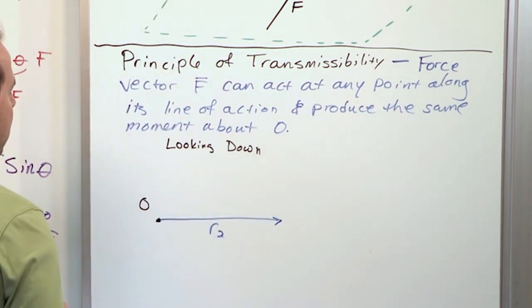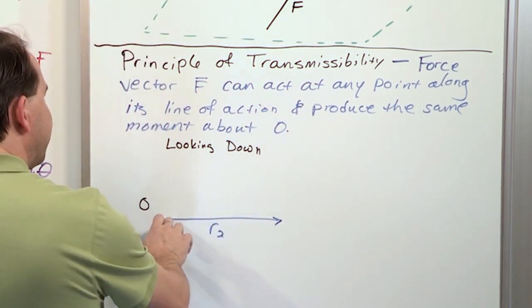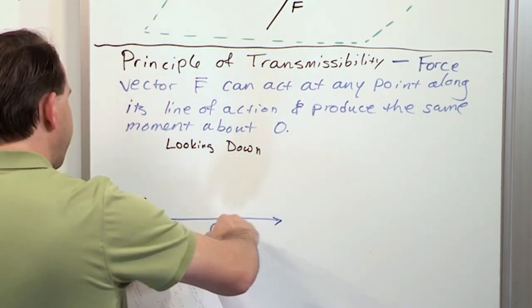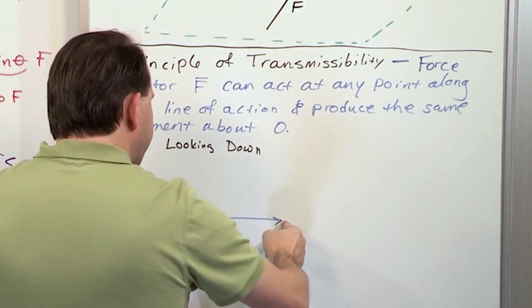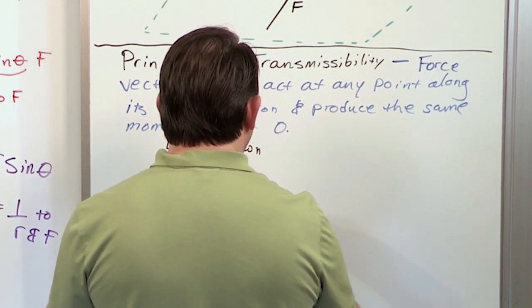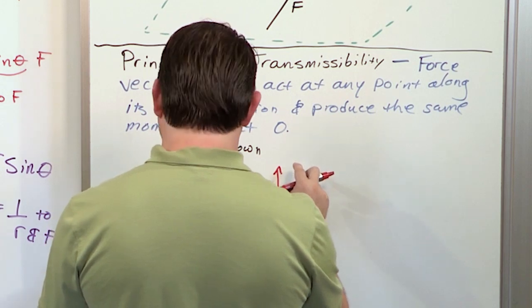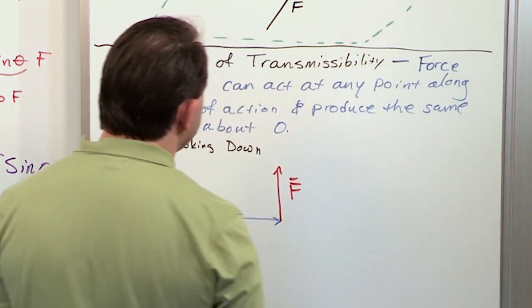You'll understand why I'm calling it R2 in just a second. At the tip of R2, you can think of this as a rigid beam or just something to connect the origin to some point over here, right? And then at the tip of this, I'm going to apply a force going straight up, and I'm going to call this force F, just like this.